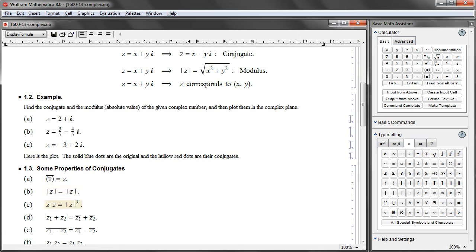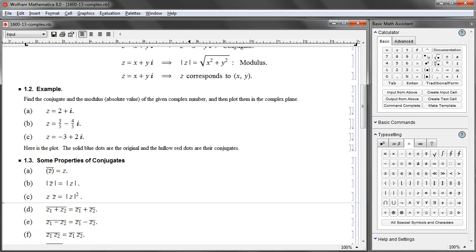The third one is the most interesting. If you multiply a complex number by its conjugate, then we get the square of the absolute value. What do you mean by that? We're talking about this kind of computation.